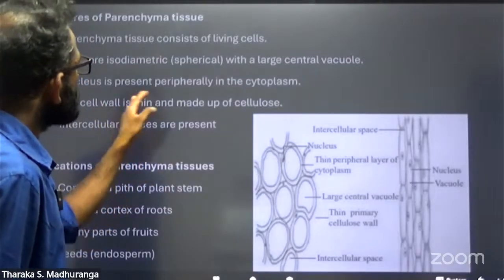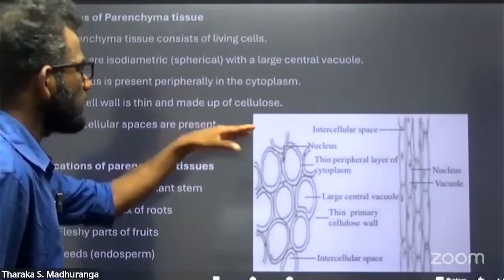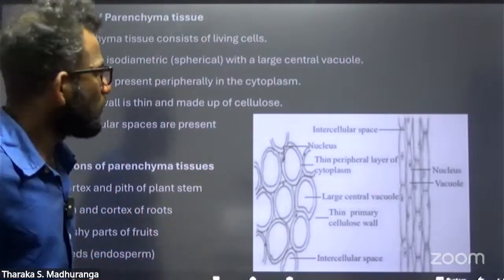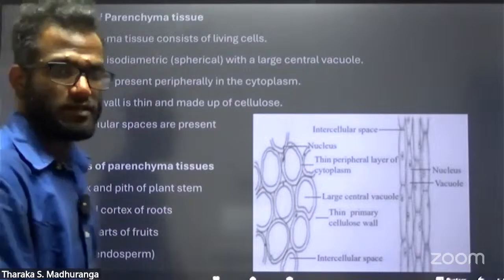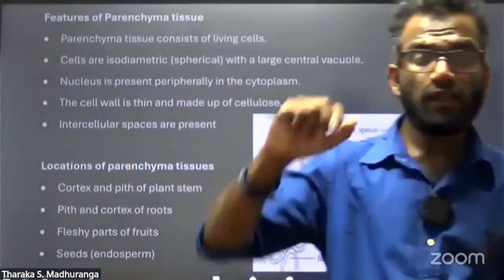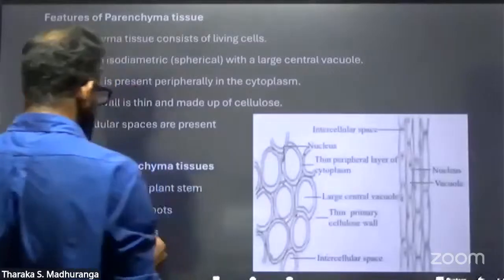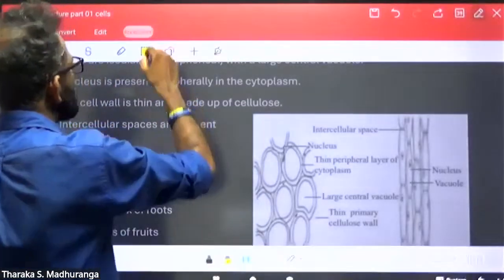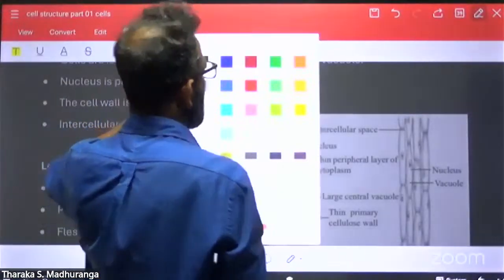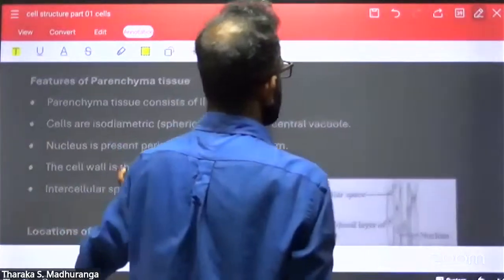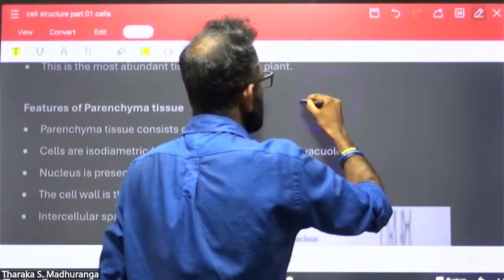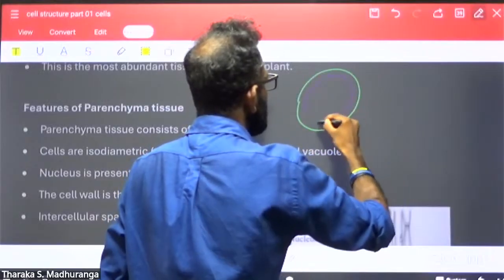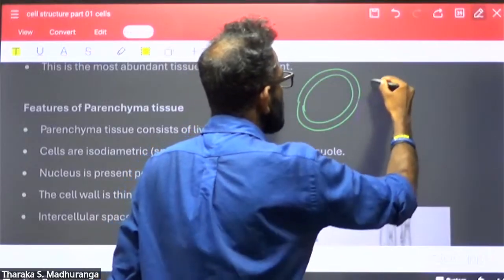The cell wall is thin and made with cellulose, which is a common feature. Intercellular spaces are present between cells. It is a very simple structure. This is the structure of parenchyma. It contains cells of the same size and same type, with large vacuoles.